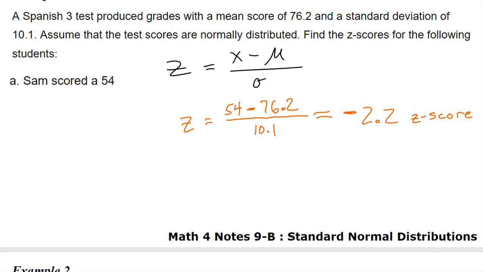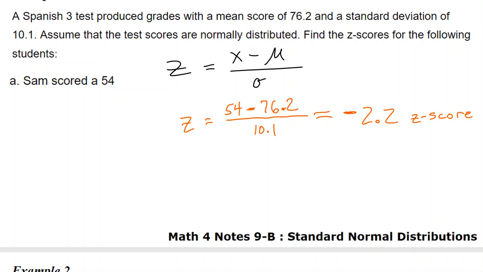He's even below that. Now, I would remind you of the empirical rule. The empirical rule said that between plus or minus two standard deviations, that's where 95% of the data should live.